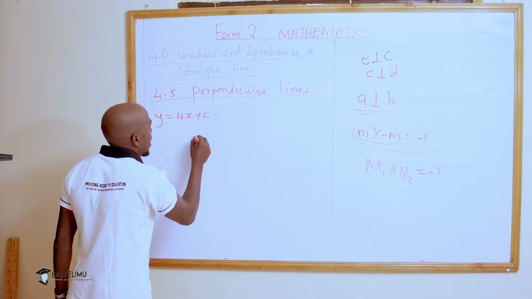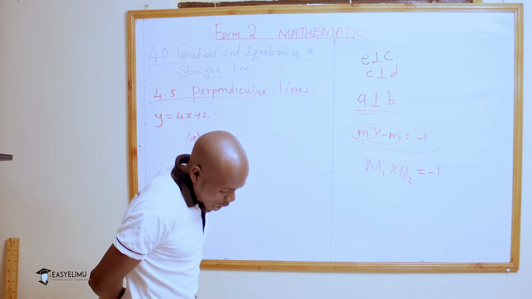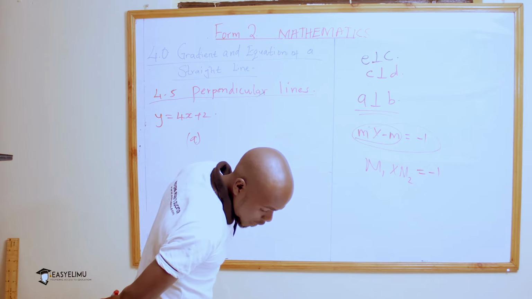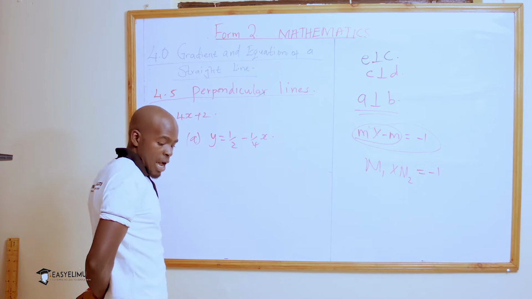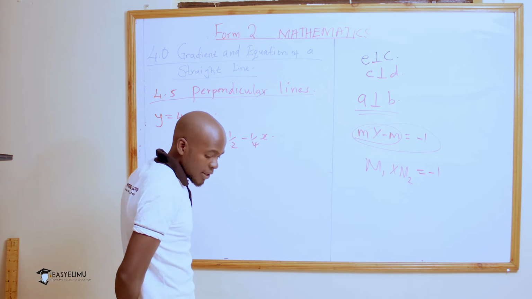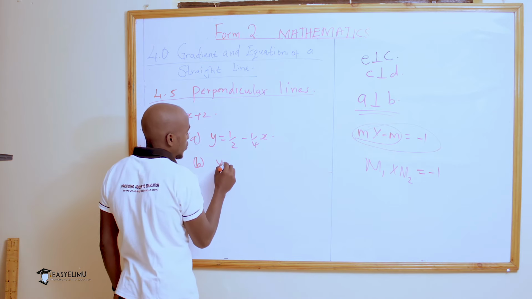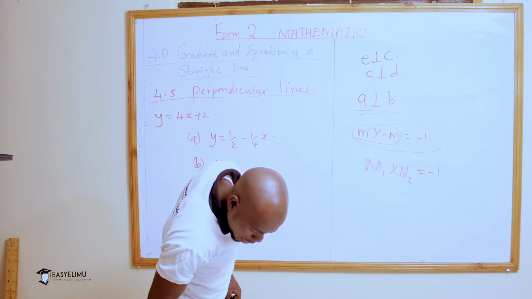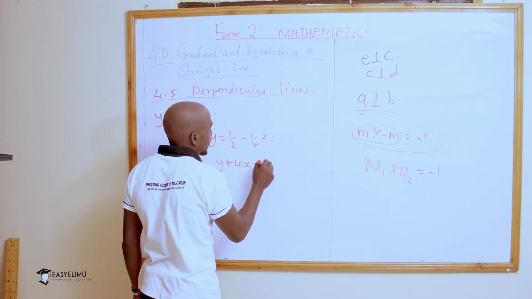So we have line A, which you have been given as y = 1/2 - 1/4 x. And line B is y + 4x = 6.